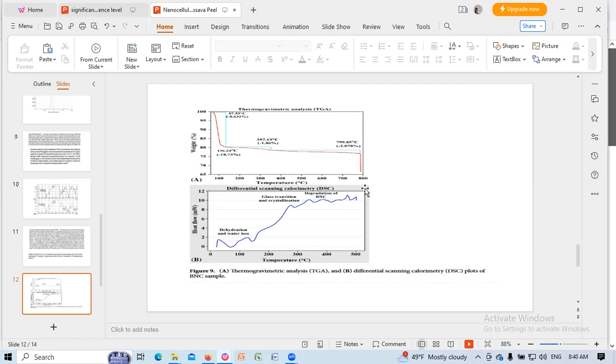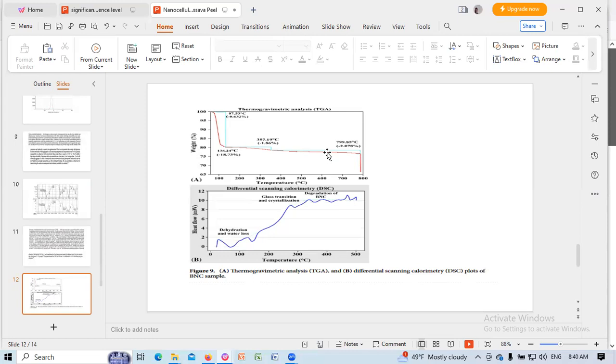In the TGA study, the disintegration temperature of bacterial nanocellulose is 315 to 400 degrees Celsius. 87.53 degrees Celsius is the evaporation point, and 88.29 to 136.24 degrees Celsius is the loss of water.